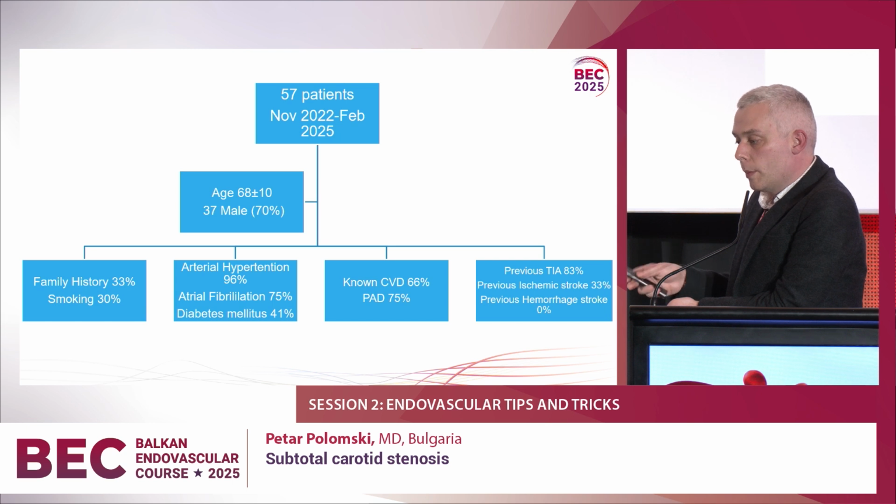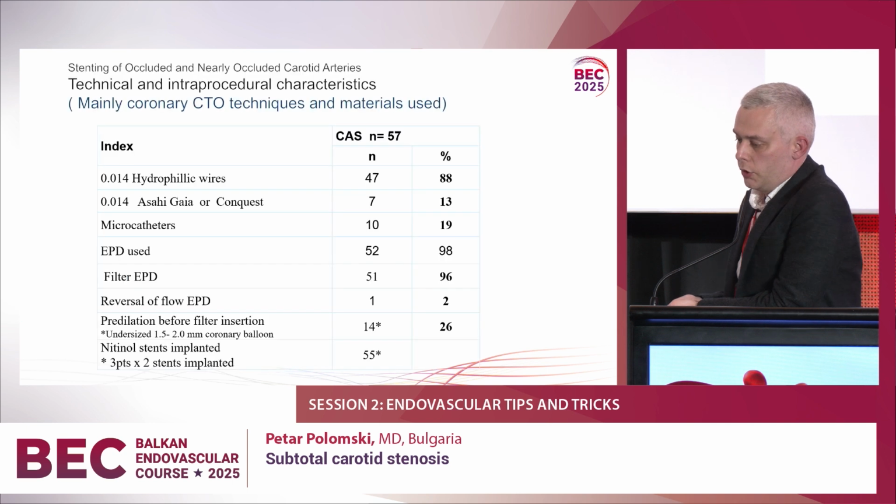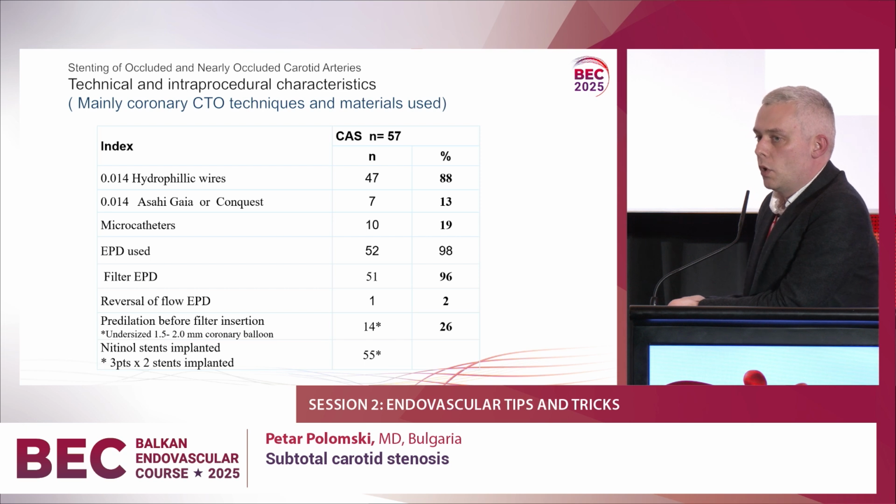Here there is also overlap, patients with both TIA and stroke, and none of the patients with previous hemorrhagic stroke, which is actually an exclusion criterion. Crossing the lesion, the subtotal carotid stenosis, was performed in almost 90% of the patients with hydrophilic wires.